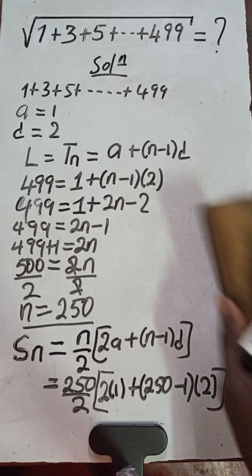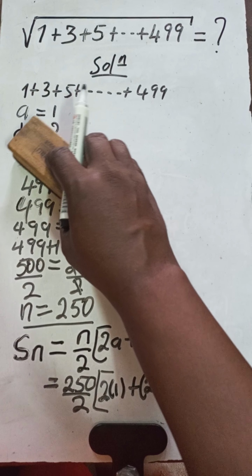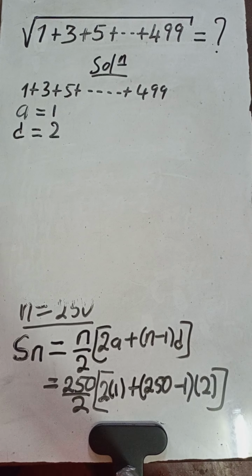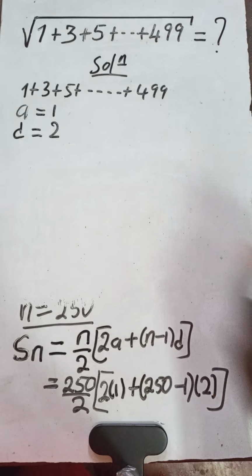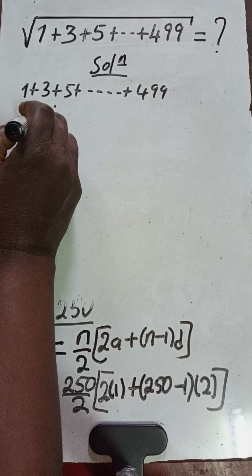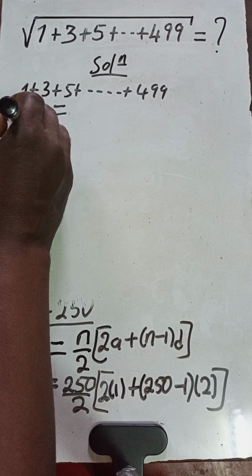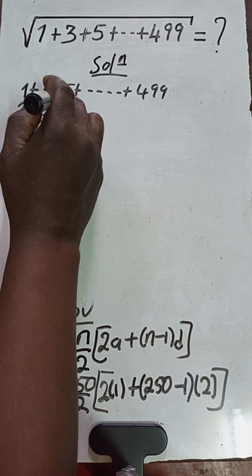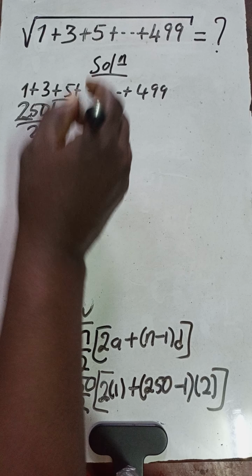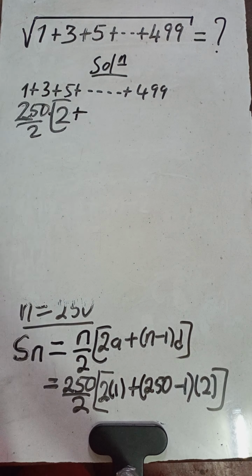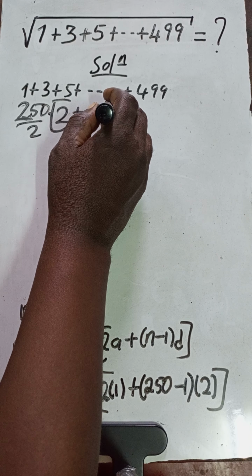So let's create space up here. Let's repeat this statement. We have Sn is equal to 250 all over 2 into 2 times 1 is 2 plus 250 minus 1 is 249.